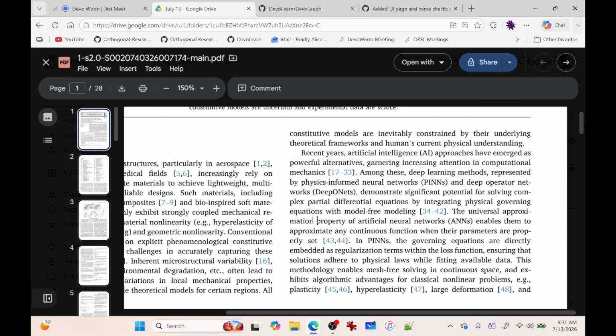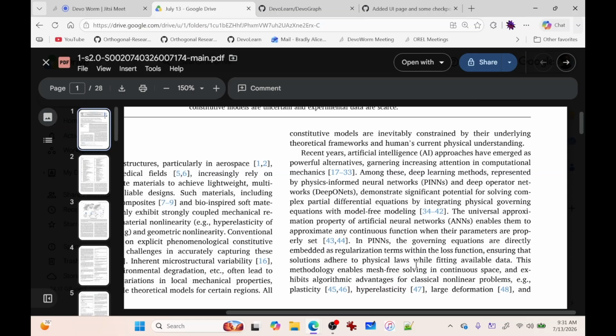The universal approximation property of artificial neural networks enables them to approximate any continuous function when their parameters are properly set. In PINNs, the governing equations are directly embedded as regularization terms within the loss function, ensuring that solutions adhere to physical laws while fitting available data.